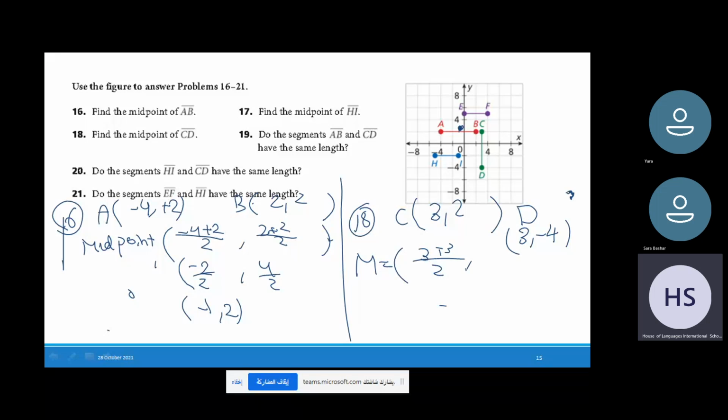And 2 plus -4 equals -2, -2 over 2 is -1. So it will be 3, -1. Both of them are 3.